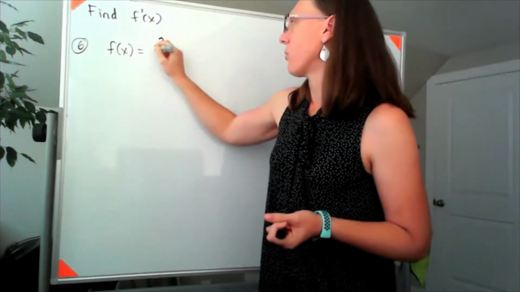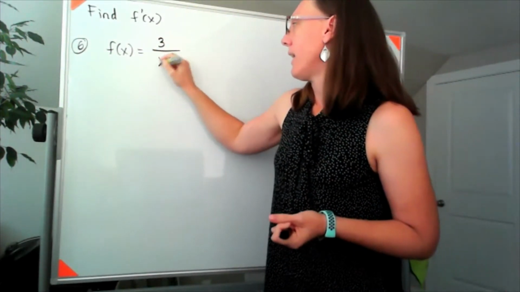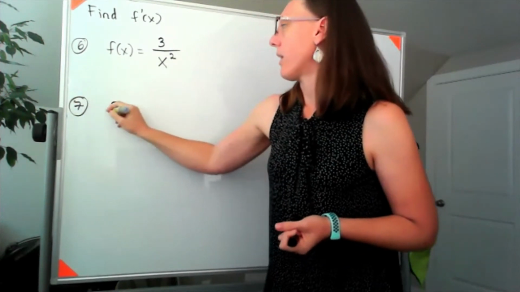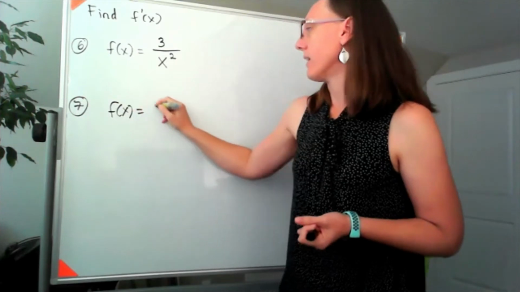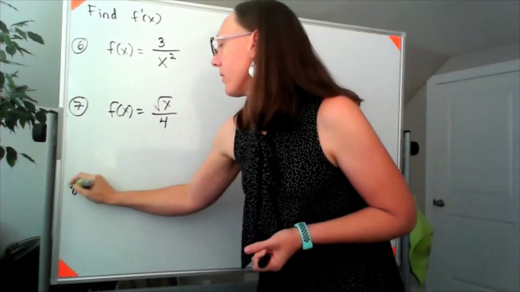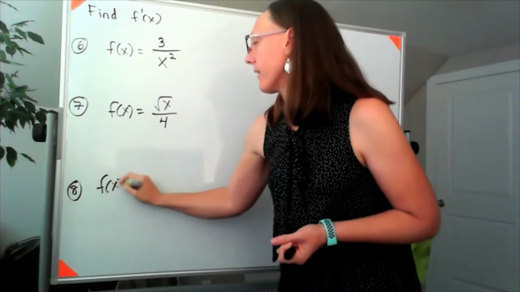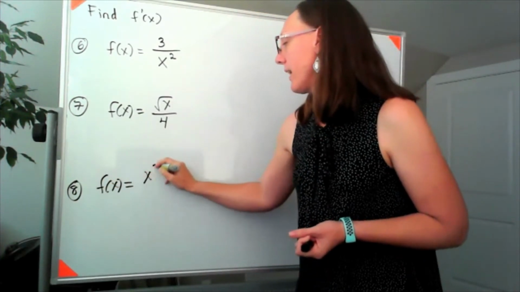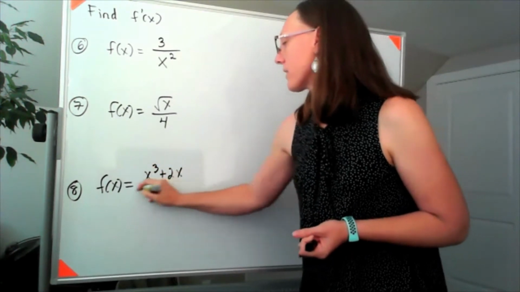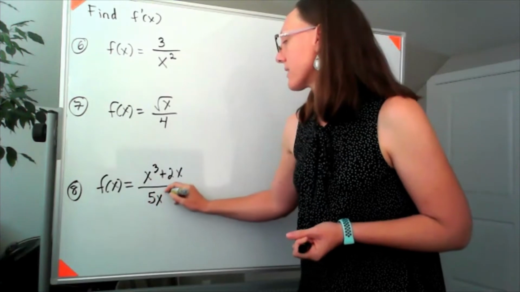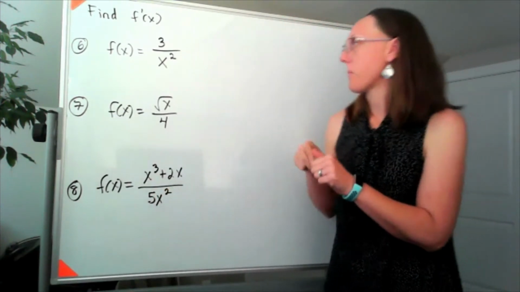So if I had 3 over x squared, or if I had the square root of x over 4, or if I had x cubed plus 2x over 5x squared.